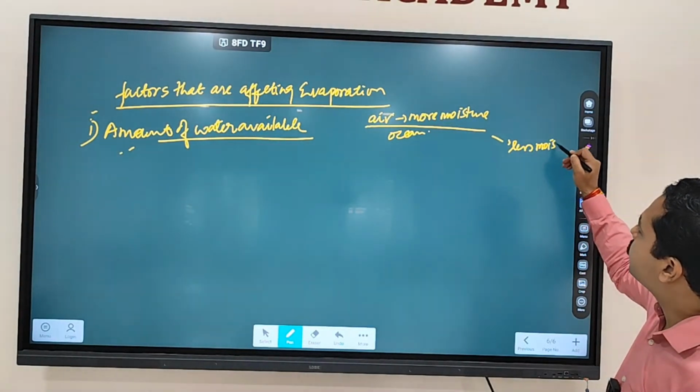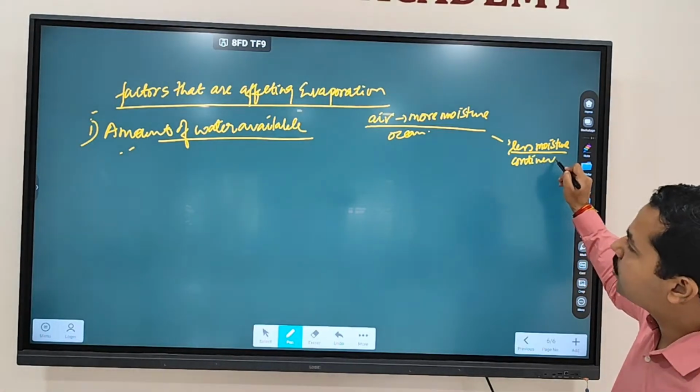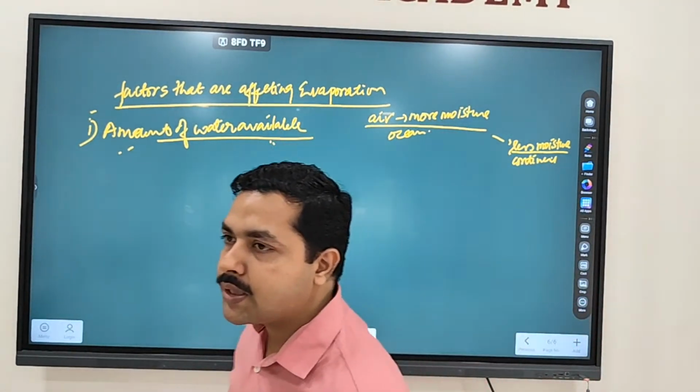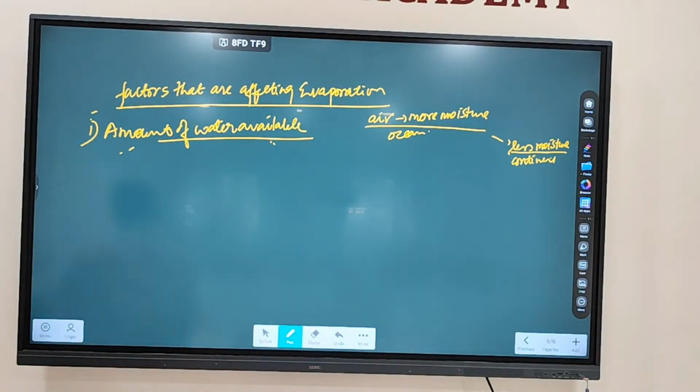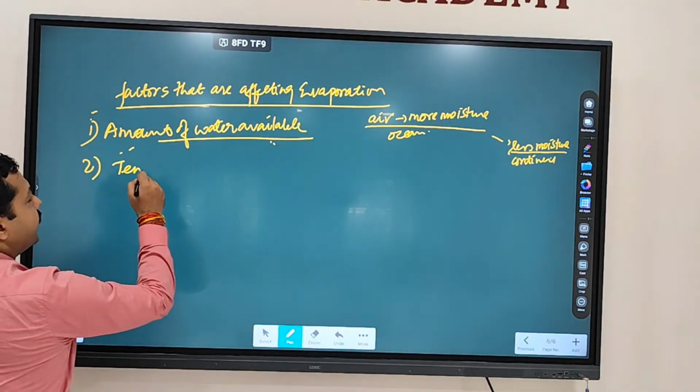So why does it contain less moisture on the continent? Because water is less over there. Why does it contain more moisture over the ocean? Because water is more. So one factor impacting evaporation is the amount of water available, whether it is more or less. The second thing we have written just now is temperature.